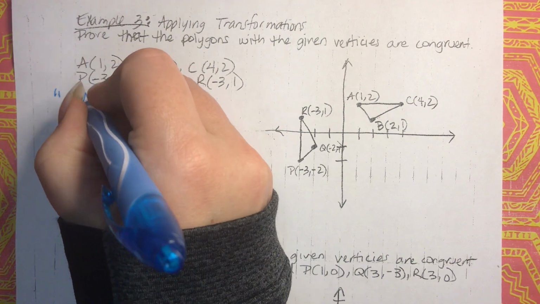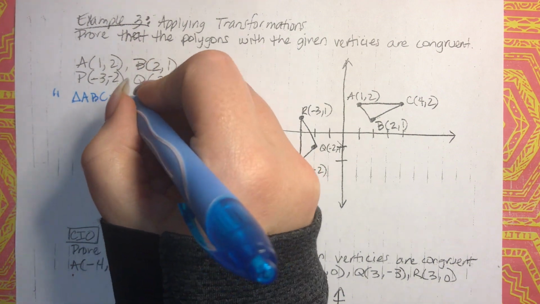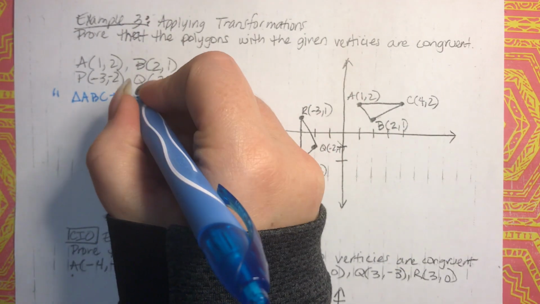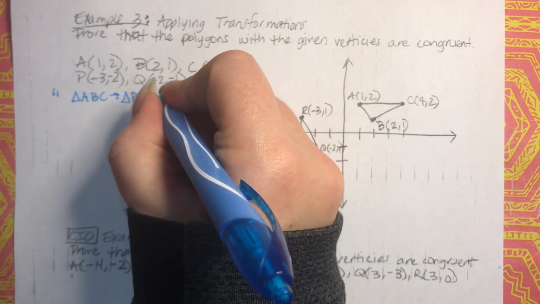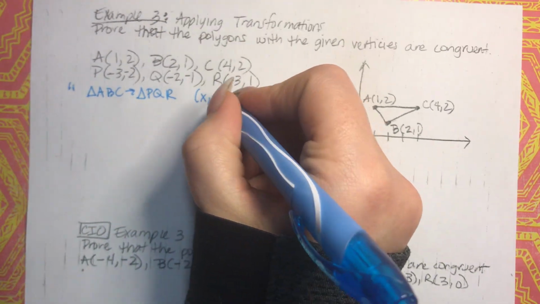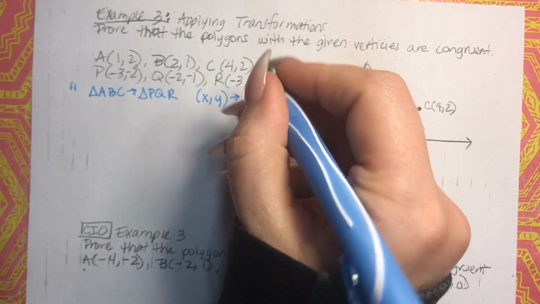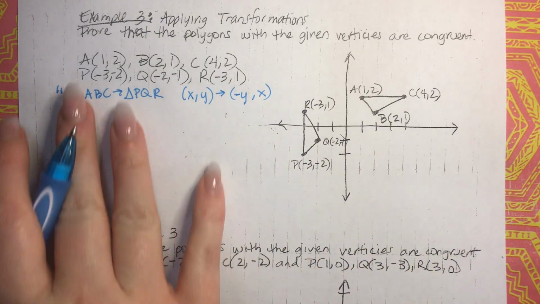So let's say triangle ABC is mapped to triangle PQR by a counterclockwise rotation, where the y and the x switch spots, but the y is negative. So let's go ahead and apply that to all these points.